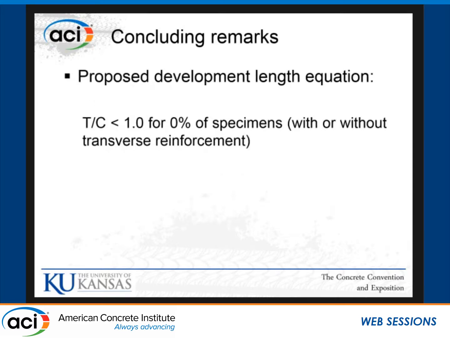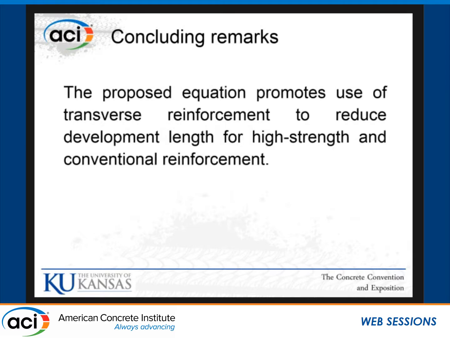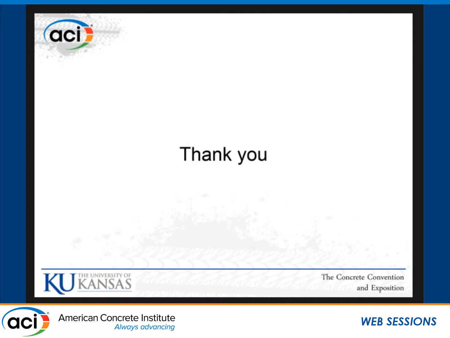And the proposed development length equation has 0% of specimens with test over calculated less than 1. Also, one important factor is that the proposed equation promotes the use of transverse reinforcement to reduce the development length for high strength and conventional strength reinforcement. Thank you. We have time for a couple of questions.